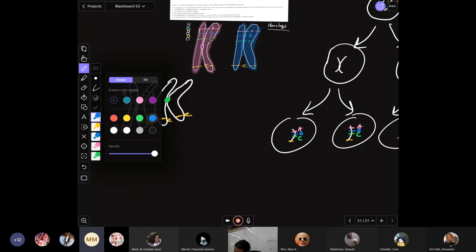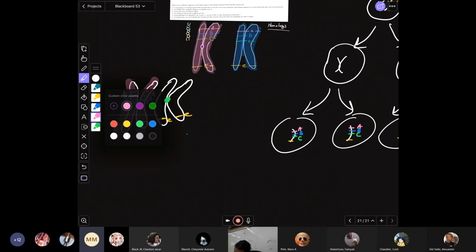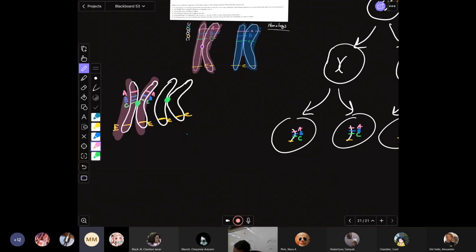If I try to find a color that we haven't used. So when this switch happens, remembering that this one you got from your mom, and the other one you got from dad. Also remembering that the A, the B, and the C here all go together as well.